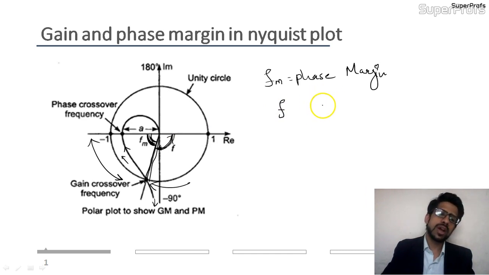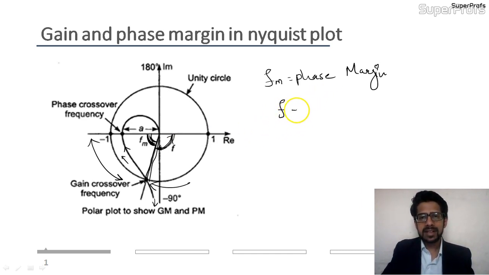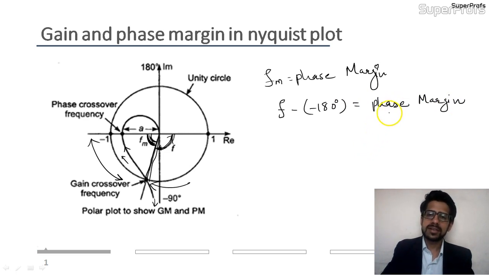Now what you have to do is subtract minus 180 degrees out of phi to get phase margin. Alright, this is how you calculate phase margin for a system.